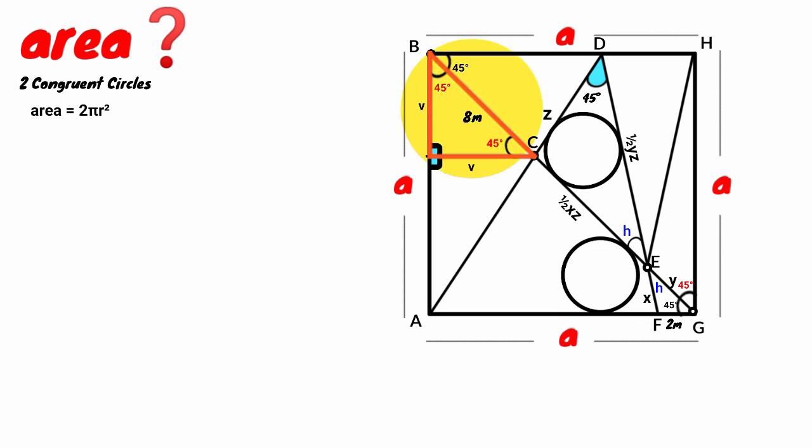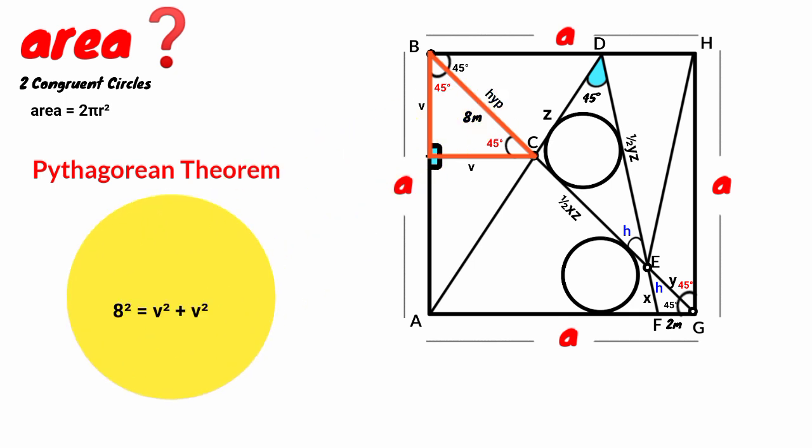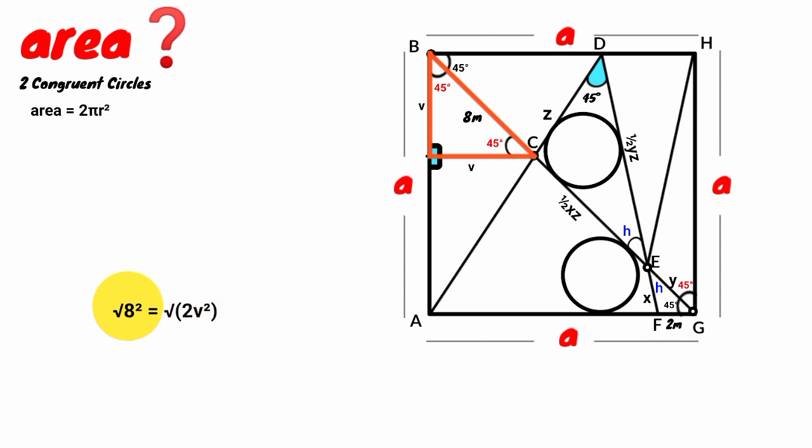Since the triangle is right, we use the Pythagorean theorem on it. This is the hypotenuse. So by Pythagoras, 8 squared equal to v squared plus v squared. v squared plus v squared is 2v squared. If we take the square root of both sides of the equation, here square cancels square root, while here square root of 2v squared is v root 2.